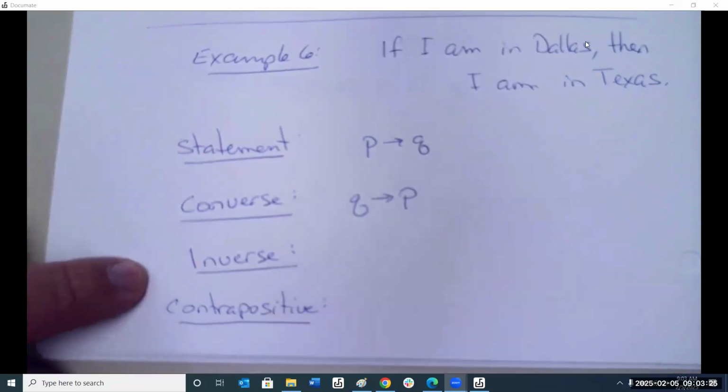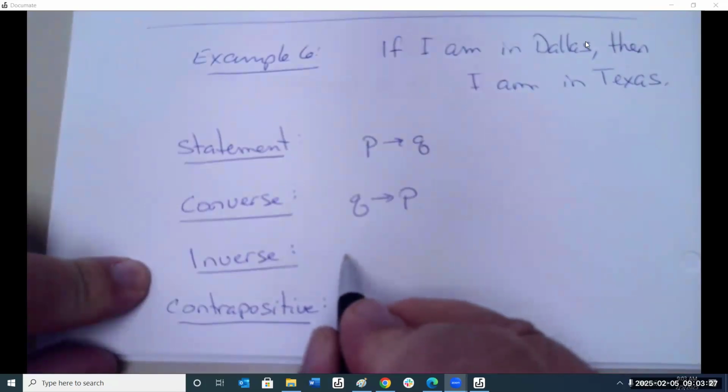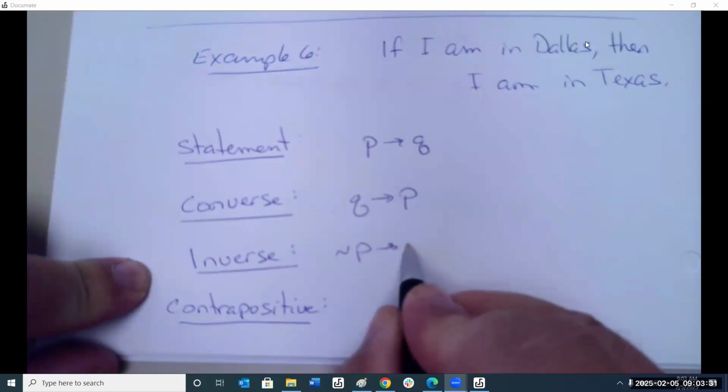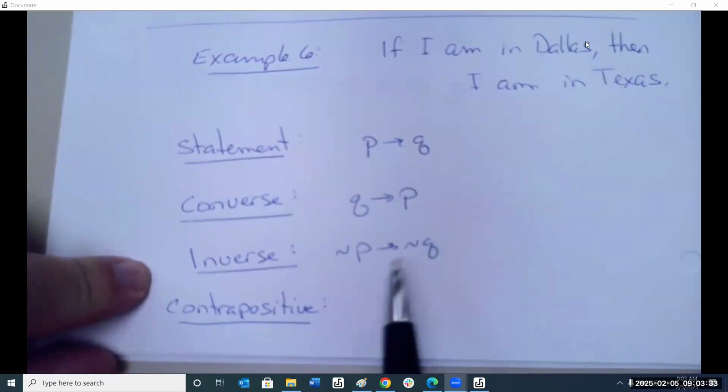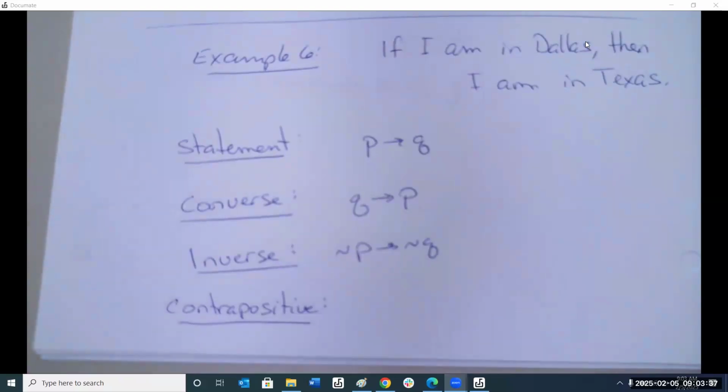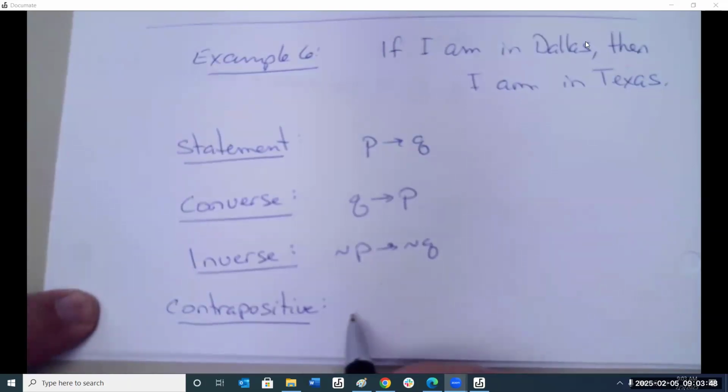What's the inverse? Right. So if I'm not in Dallas, then I'm not in Texas. Is that a true statement? No, you could be in Fort Worth or San Antonio. And the contrapositive?